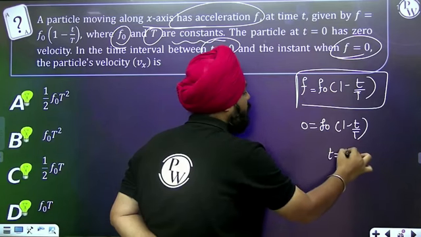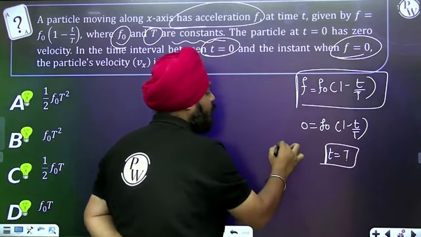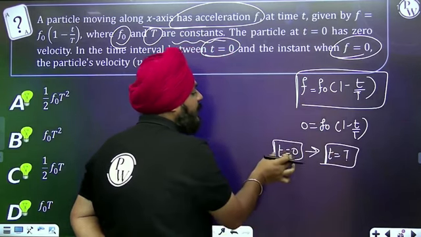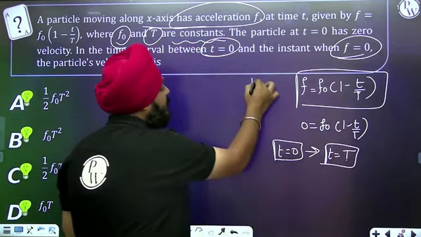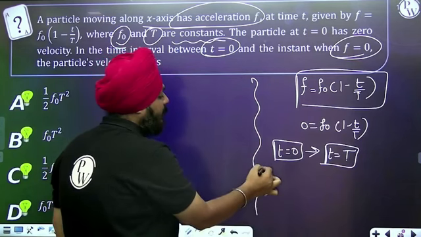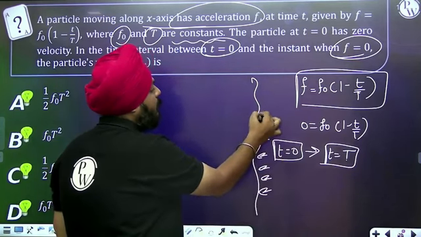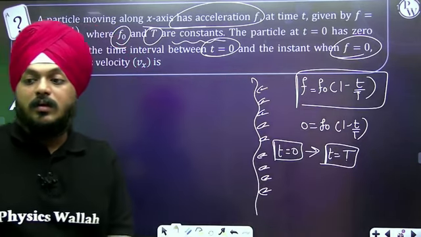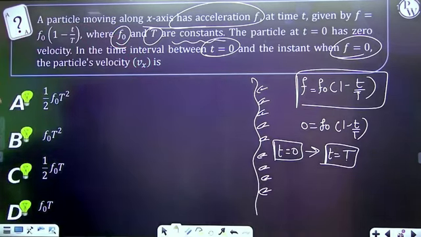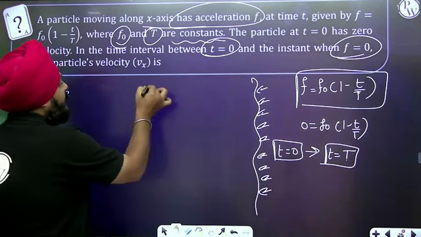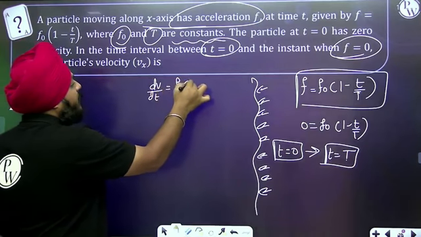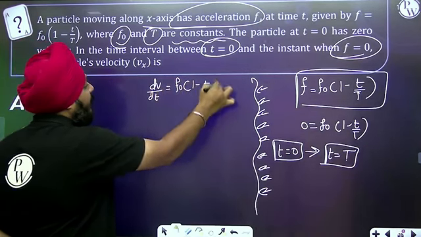So small t is going to get equivalent to capital T. So we need to define the velocity in between the time interval t is equal to 0 to t is equal to capital T. Right. So can I say dv by dt is equal to f0 times (1 minus small t by capital T).